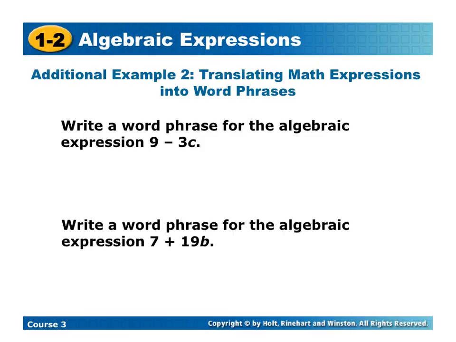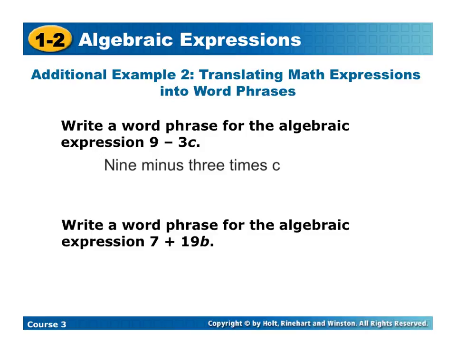Now we're going to do the opposite. We're actually going to take our algebraic expression and translate it into words. And it might be just as simple as this. Here we have 9 minus 3 times c. So it could really be as straightforward as that.